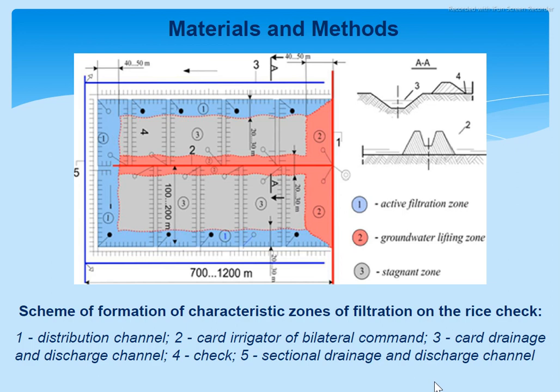The first one is the zone of groundwater lifting, located along the irrigation channels. The next one is the stagnant zone, located in the center of the checks. And the last one is the zone of active filtration. This zone is located along the drainage channels.